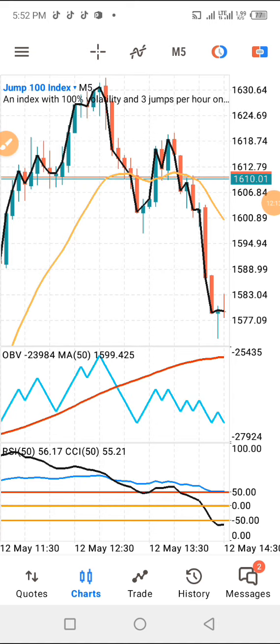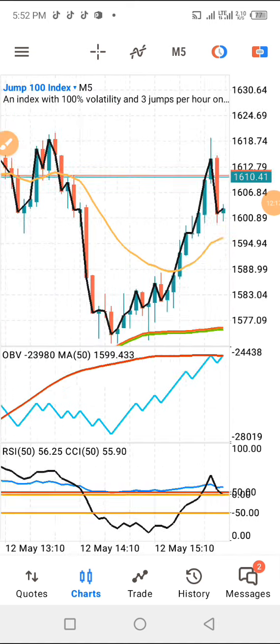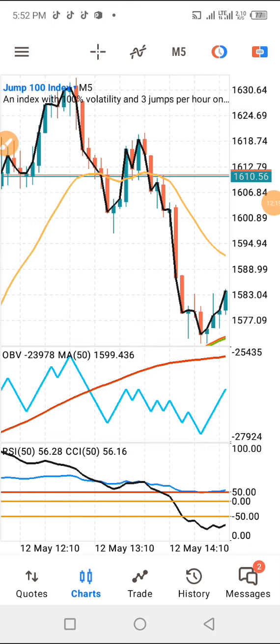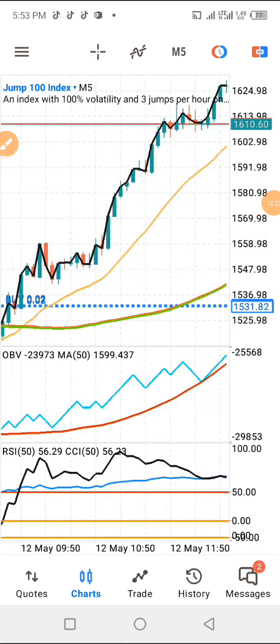So I'm using that of the system. It aligns with this one, but the information on the system is different, because sometimes price can be above the 50 moving average. That means the volume can be above the 50 moving average, while the RSI can be below 50, the CCI can also be below 50.